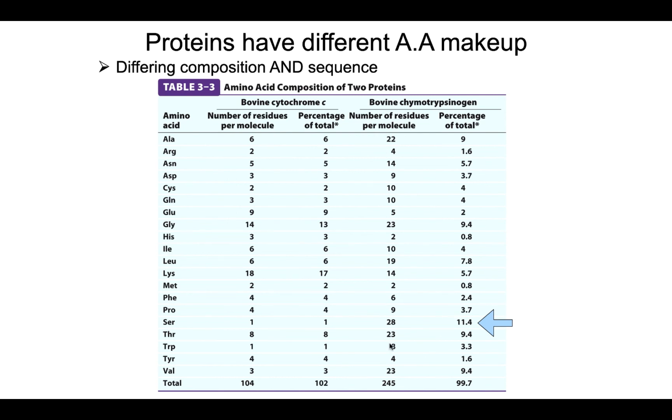So if we take a look at the percentage of serine in two different proteins, here 11.4%, here just 1%. So different proteins have different amino acid makeups and different amino acid sequences.